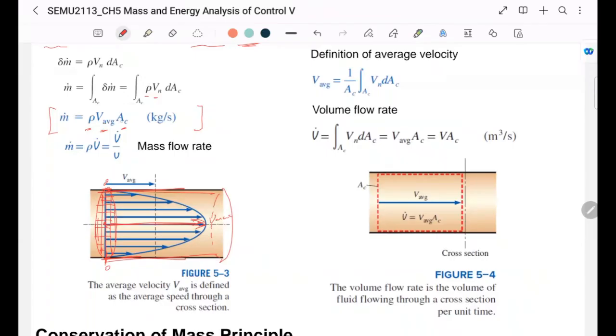It's basically this area, the circular cross section of the pipe, that's where the flow is perpendicular to. It's quite important to call this the flow area. It's labeled as A_c here. Sometimes they also call it the cross section area. So this is basically the flow area.